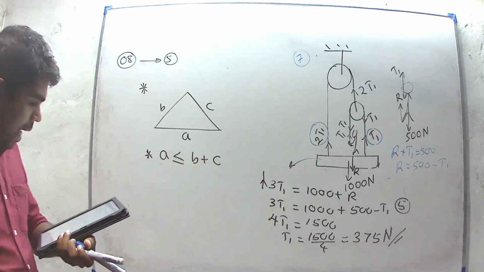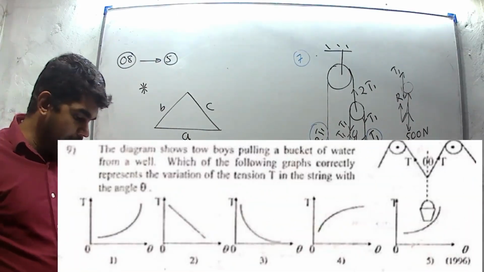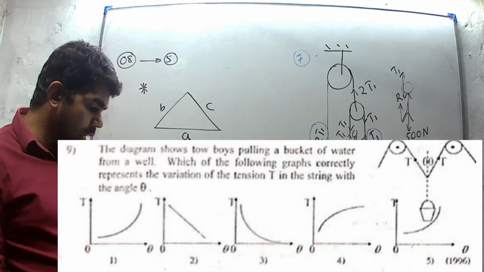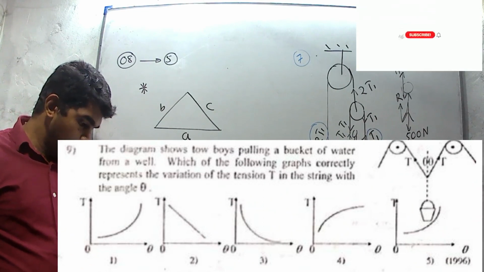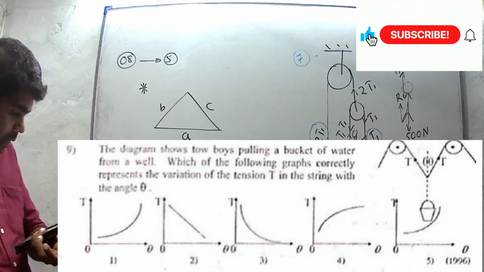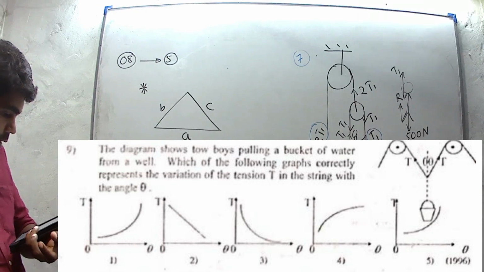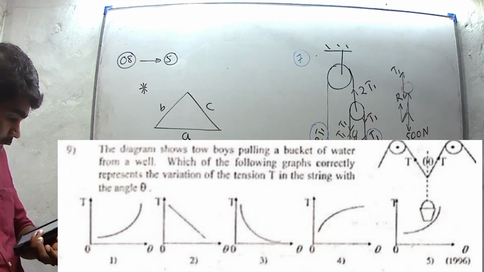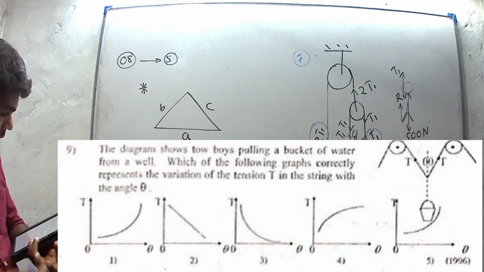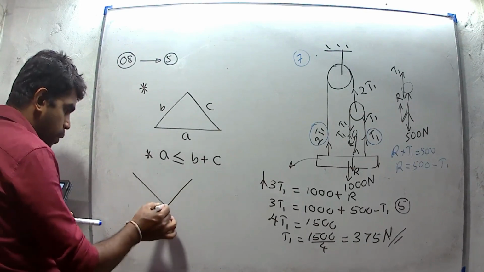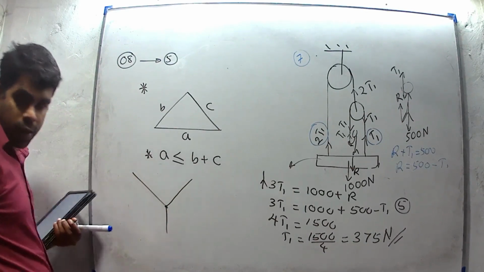Then question number 9. The diagram shows two boys pulling a bucket of water from a well. Which of the following graphs correctly represents the variation of tension T in the string with angle? There are 3 forces on this point.